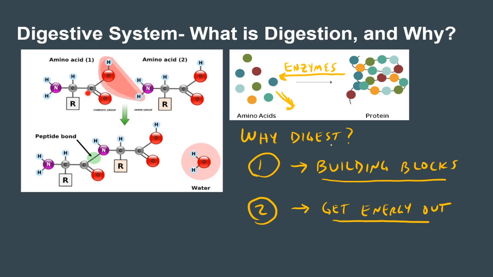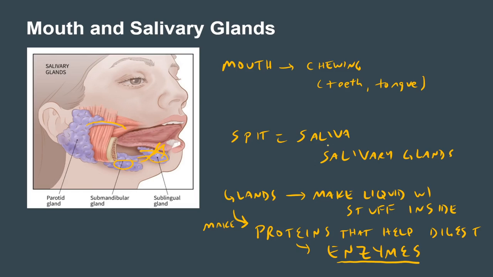And right away, your body is making enzymes even at the first stage of digestion in your mouth. The glands that make the spit and saliva are secreting these proteins, enzymes, into your mouth that start the digestion process.